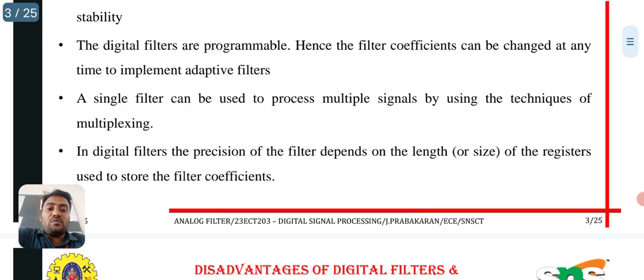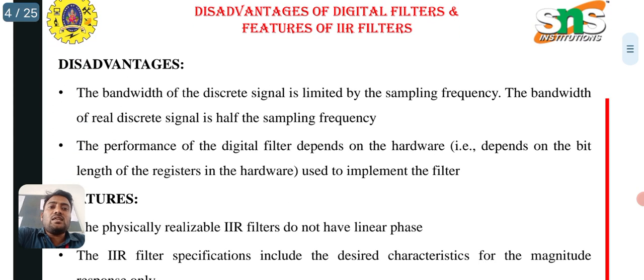the filter coefficients. And some disadvantages: the bandwidth of the discrete signal is limited by the sampling frequency. The bandwidth of a real discrete signal is half the sampling frequency. Also, the performance of the digital filter depends on the hardware.